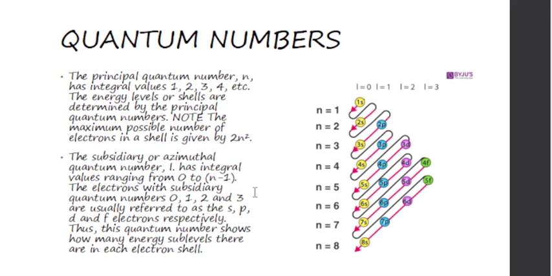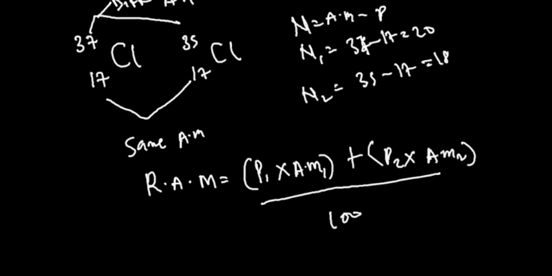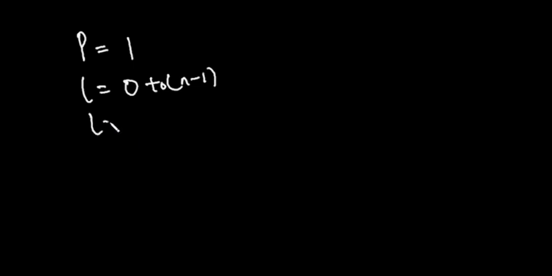So moving ahead, we have the subsidiary or azimuthal quantum number. It is expressed as L and has integral values ranging from 0 to n minus 1. So the implication is that for every value of n given, if we say the principal quantum number for a particular substance is equal to 1, it means the subsidiary quantum number would be 0 to n minus 1, so L is going to be 0 to 1 minus 1.